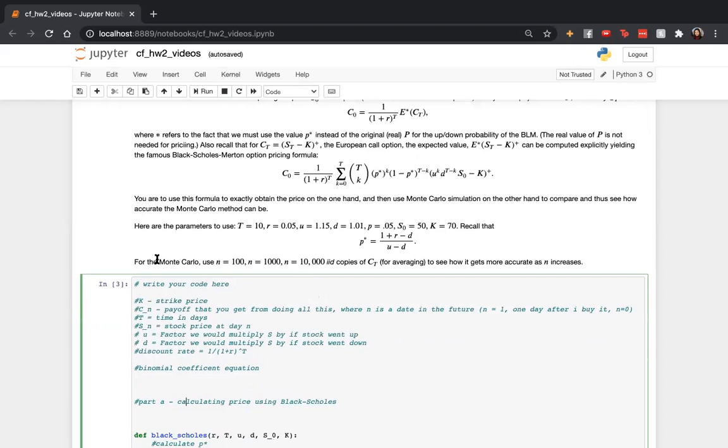What it says is for Monte Carlo, use n equal to 100, n equal to 1,000, n equal to 10,000, IID, which is independent and identically distributed values, which we don't really care too much about, copies of CT. We're averaging to see how it gets more accurate as n increases.